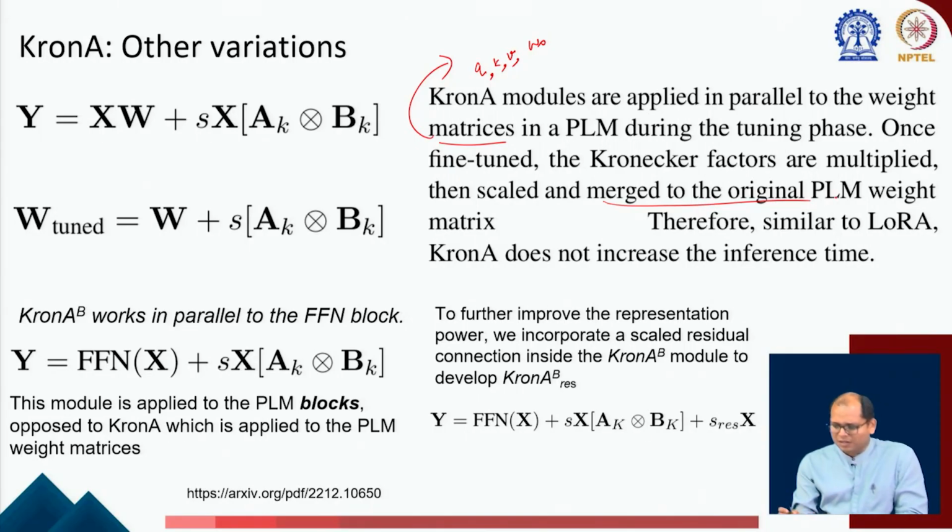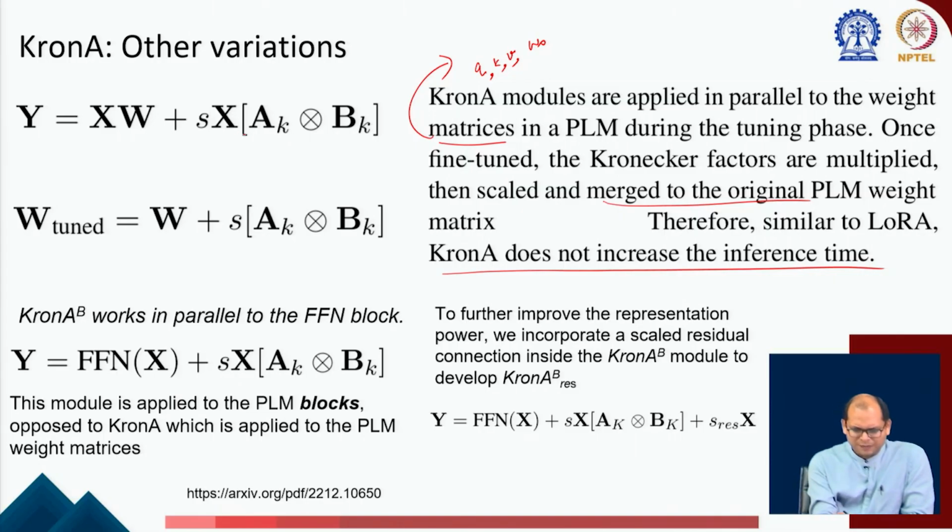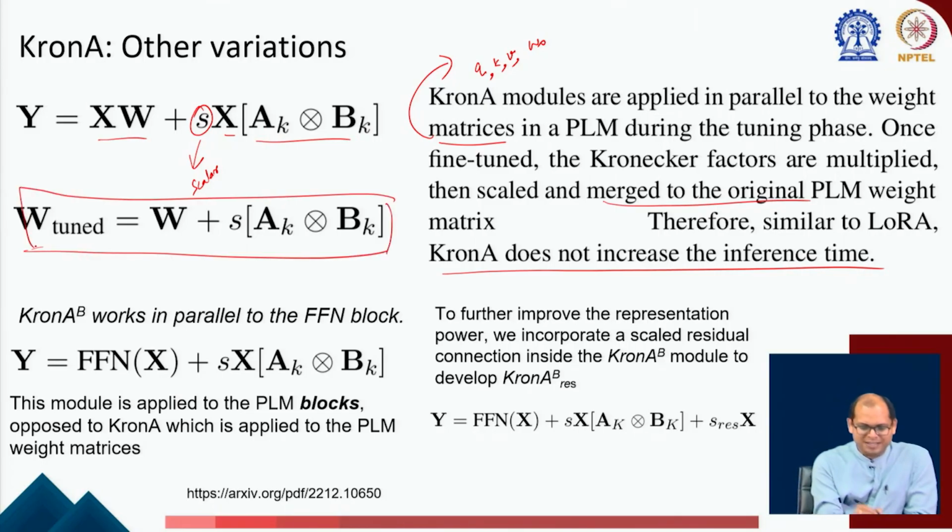So it does not increase the inference time. It is exactly the same as LoRA, but you do not have the low rank problem. So you have xW plus a scalar multiplication. Even with LoRA, people tried scalar multiplication, and that seemed to work better. So you have a scalar multiplication times A_k Kronecker B_k, and this becomes your tuned matrix. You merge it at inference time, a single matrix to work with.